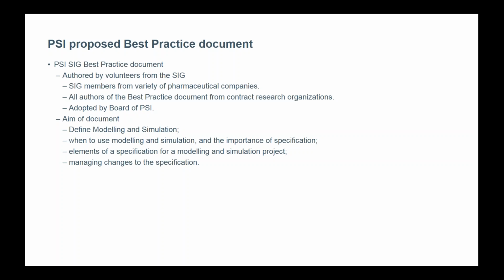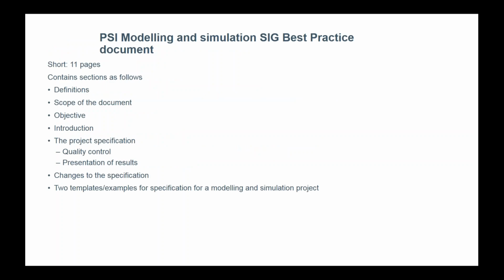So I'll cover some of those points now in a little bit more detail. As I mentioned, we were anxious to have something practical that a statistician could have at his or her desk that would really help them to plan and execute any project involving modeling and simulation in a very practical way. So we wanted to keep the paper short.